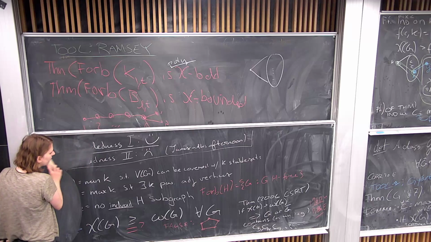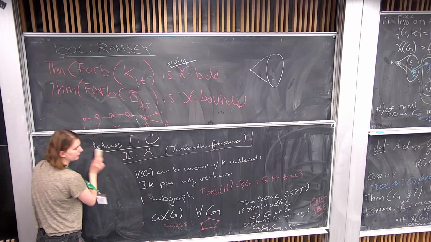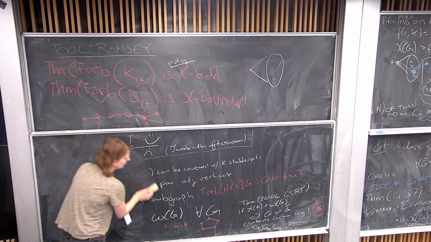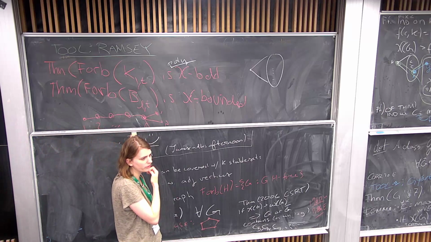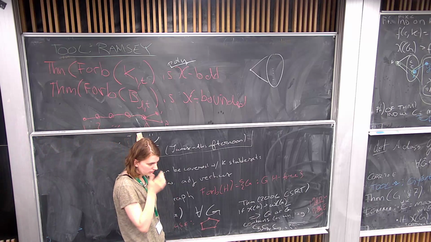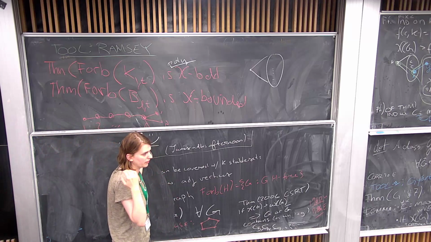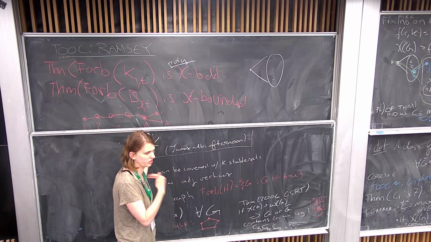Since then, people have been interested in figuring out better bounds, but it's been really terrible. For P4 you can do it because they have a really nice structure. They're actually perfect graphs, so their chromatic number is equal to omega. And then for P5, you're just dead.